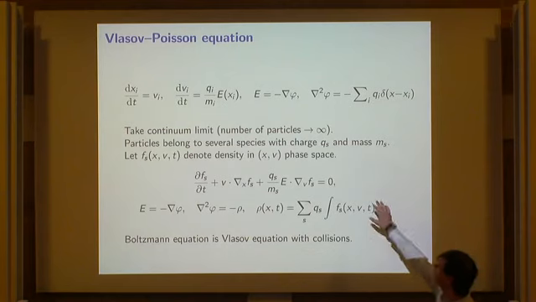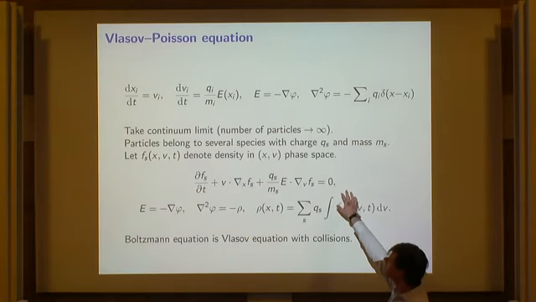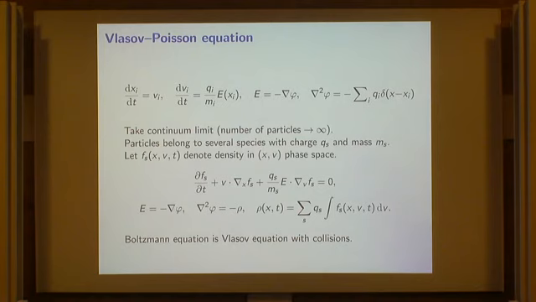Okay, so this equation is collisionless, so you don't consider any collisions between the particles. There are many situations in which you do have to consider collisions, and they will end up here instead of the 0.